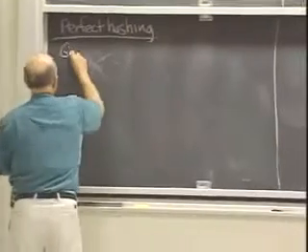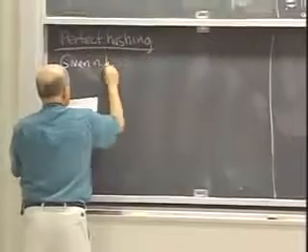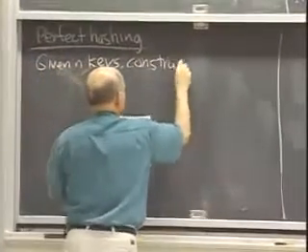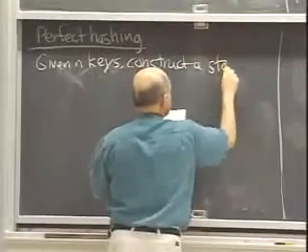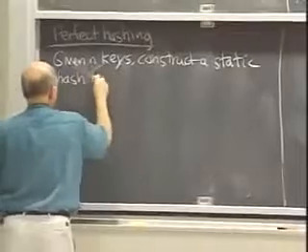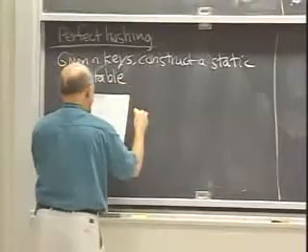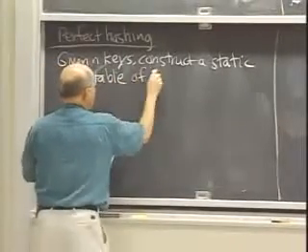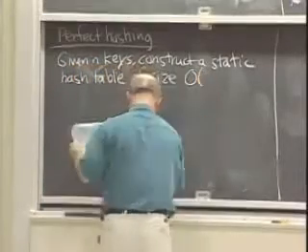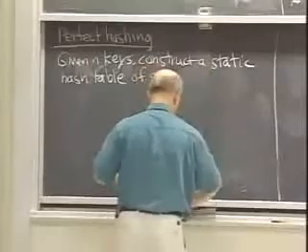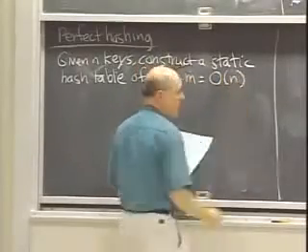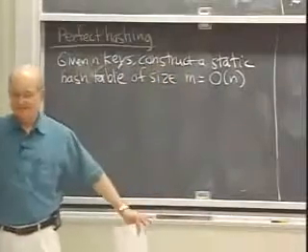So the problem is, given n keys, construct a static hash table. In other words, no insertion and deletion. We're just going to put the elements in there. The table has size m equals order n, so I don't want it to be a huge table.